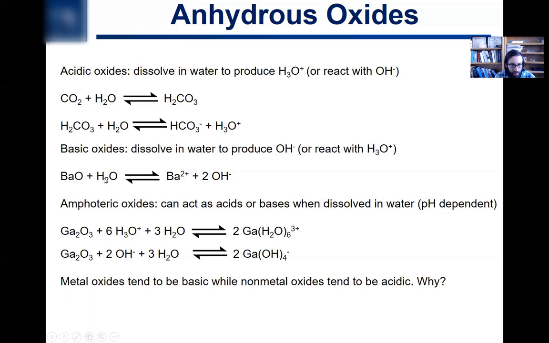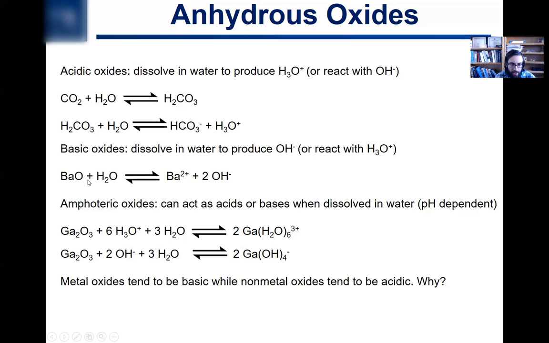But if you think about barium hydroxide, barium's a metal, so it's much more likely to form ionic complexes, and much more likely to form a barium ion. Whereas with an acidic oxide, you're thinking about a covalent compound, which can then go on to give off the proton, acidic.